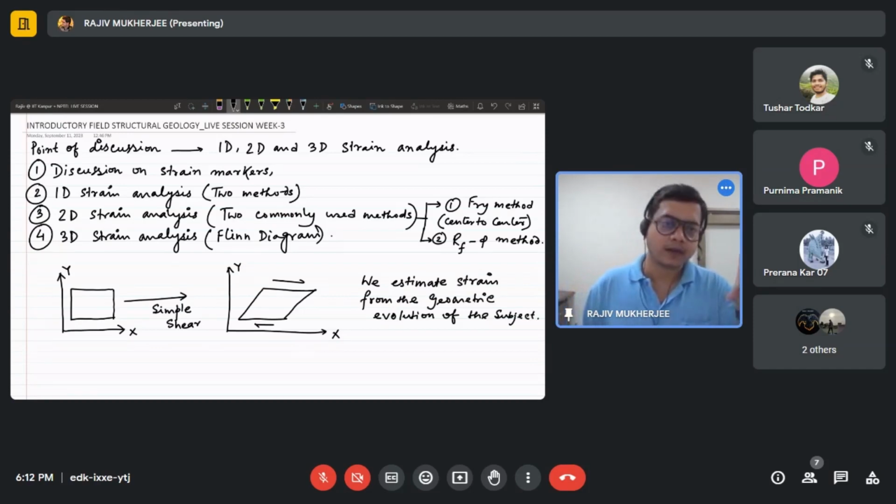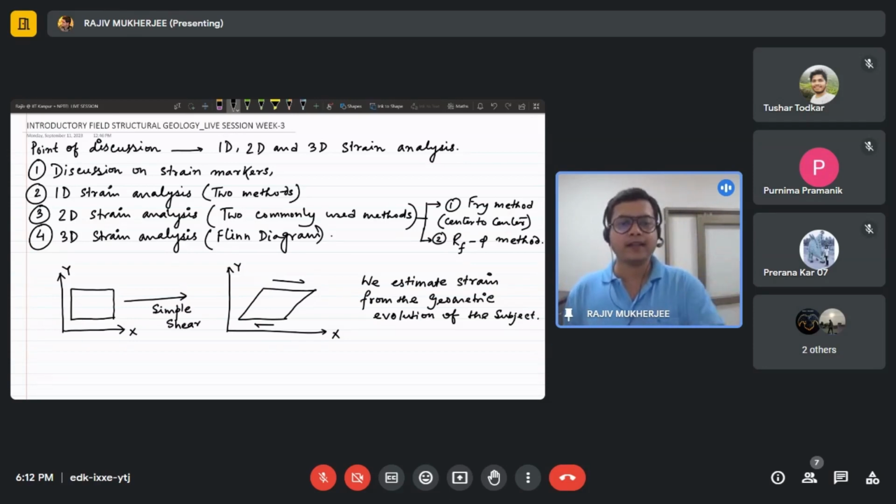This is the square or the rectangle from the initial position. So in order to quantify the strain, you must know the initial shape, right? So from there, you can actually have an idea about how much shear strain has been accommodated, right?